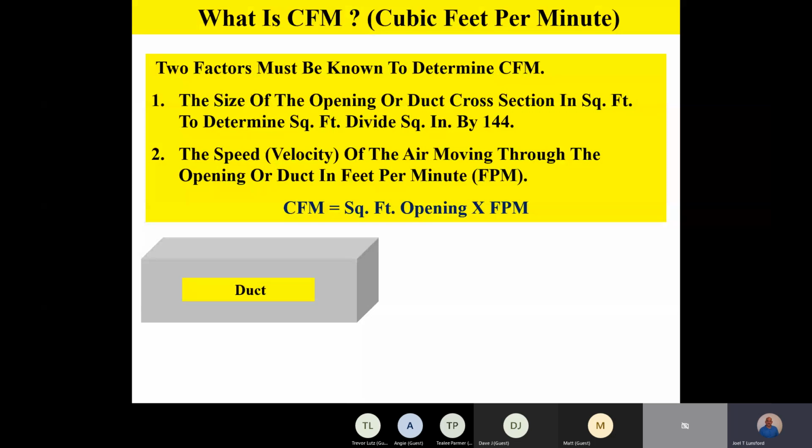Then go ahead and clear your calculator for me, and we're going to take velocity readings across that grill and average them together.